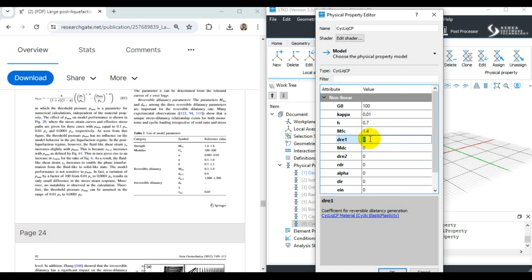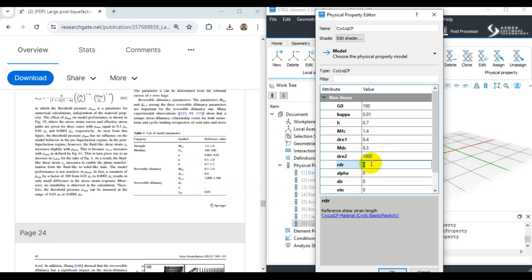These are constant values. For DRE1, we have 0.4, the coefficient for variable reversible dilatancy generation, and we have MDC that is 0.3, and we have DRE2 that is 1000, and we have our DR value here.